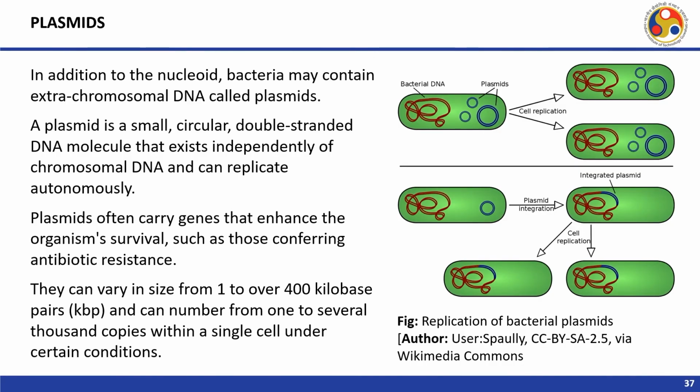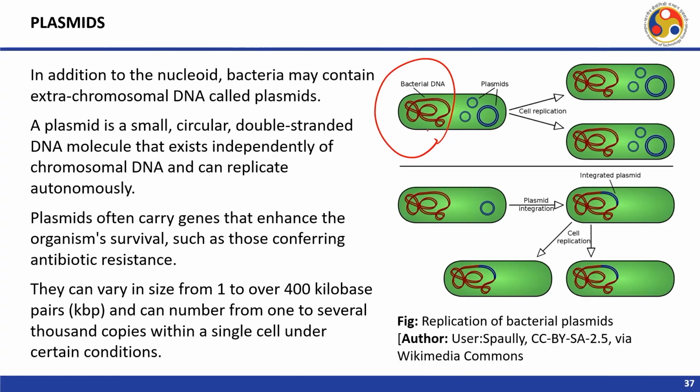There is another type of genetic material or nucleic acid inside the bacterial cell known as the plasmids. This is in addition to the nucleoid, and these are known as extrachromosomal DNA. Referred to simply as plasmids, these are small circular double stranded DNA molecules that exist independently of chromosomal DNA and can replicate autonomously.